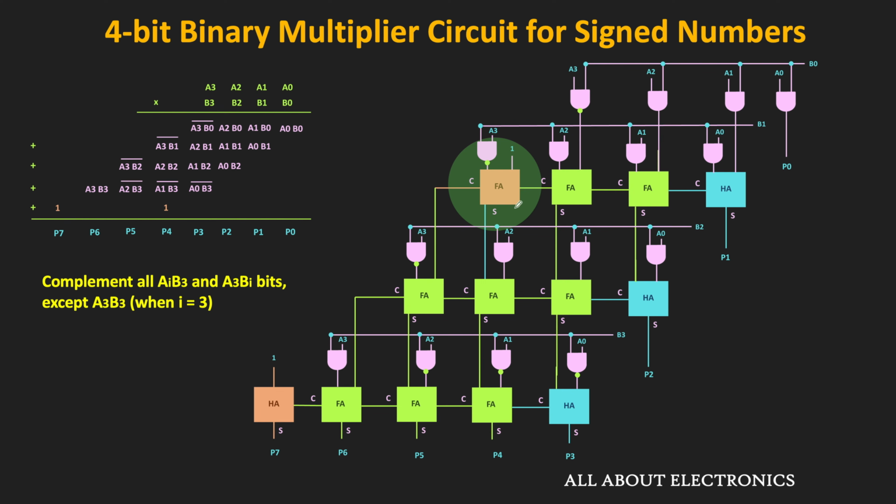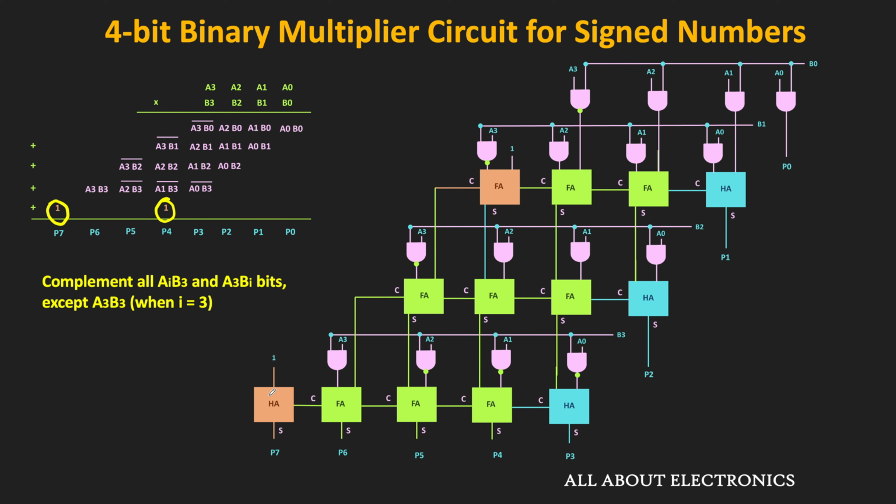Because if you recall the circuit of the 4-bit multiplier for the unsigned numbers, then at this location we have used the half adder. But here, to add this 1, we have used the full adder. And similarly, to add the 1 at this P7 location, this half adder is used.